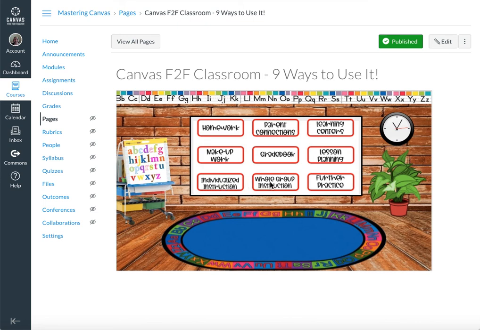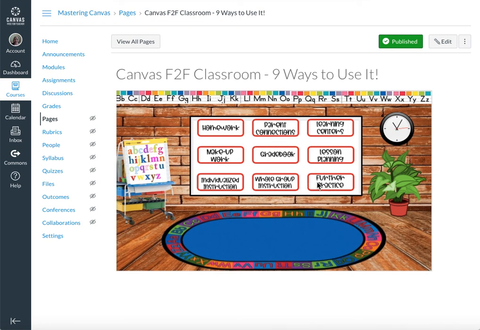Now, whole group instruction, you can do it through the whole group in Canvas, or you could do groups in Canvas so that several students, because you have them at all different stages. There's the introductory stage, and then there's the developing stage, and then there's that mastery stage, and then there's all that in between. But you could set up activities that go along with your classroom instruction that will be facilitating additional learning. You're scaffolding them, so to speak.